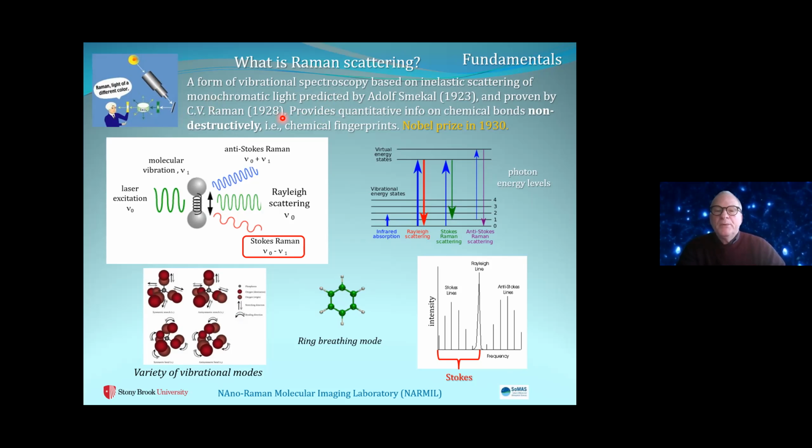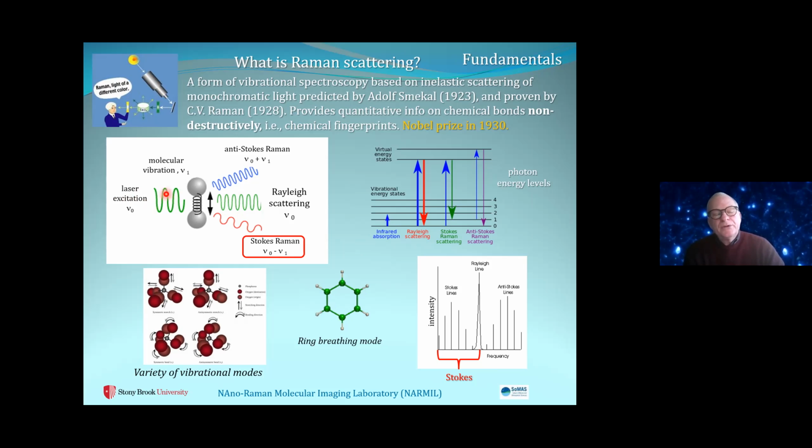And it basically provides quantitative information on chemical bonds, and it does so non-destructively, and it gives what we would call chemical fingerprints. And for this discovery, Raman received the Nobel Prize in 1930, the first Indian to ever receive a Nobel in science. So let me just show you briefly what Raman's all about.